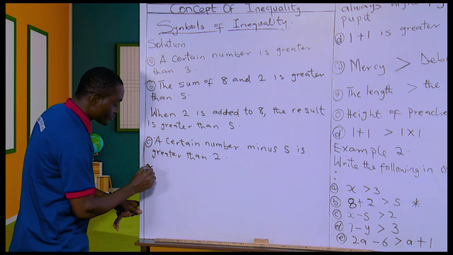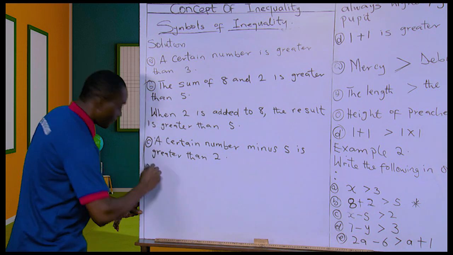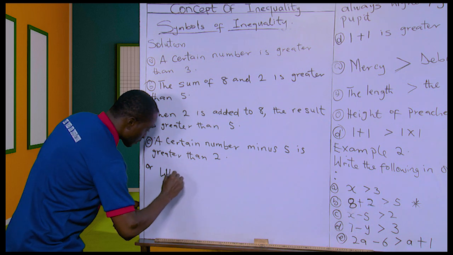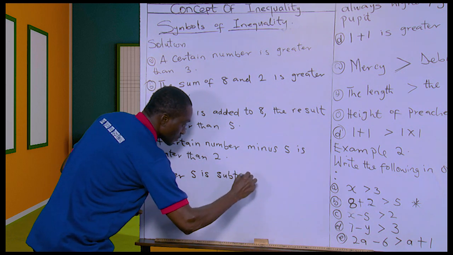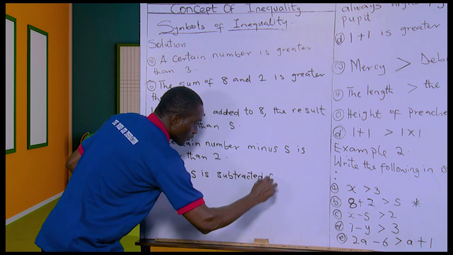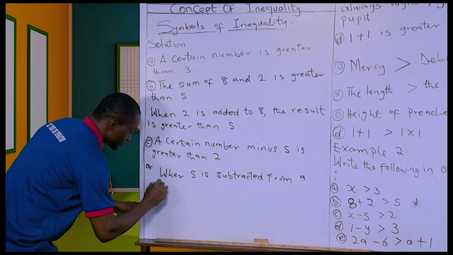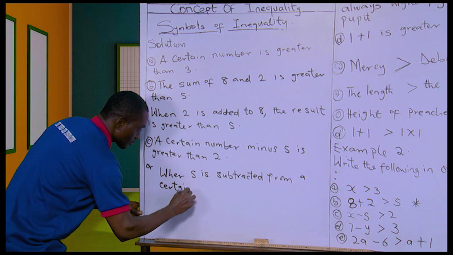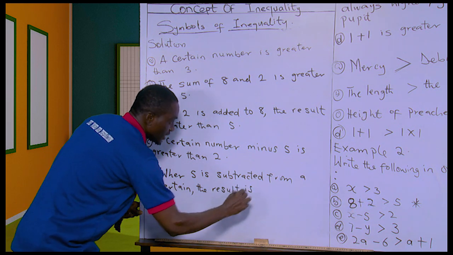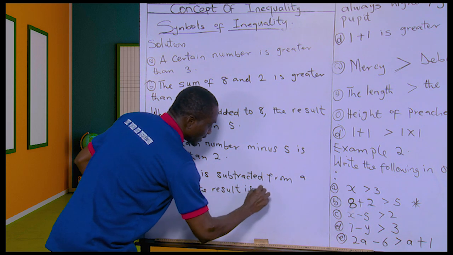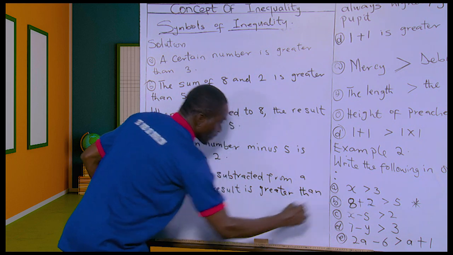Or you can write it as: when 5 is subtracted from a certain number, the result is greater than, or higher than, 2.